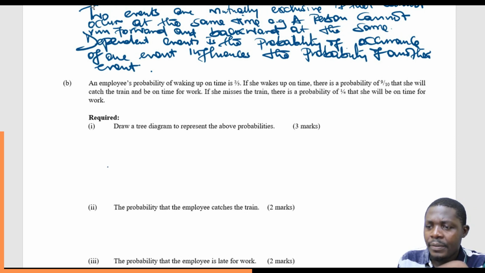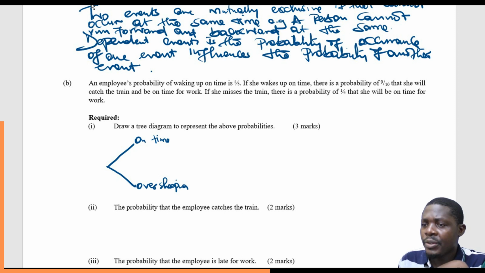Now, let's come up with the probability. This one, waking up on time, this one, oversleeping. We are told that the probability of waking up on time is 2 over 3, meaning oversleeping is 1 over 3.